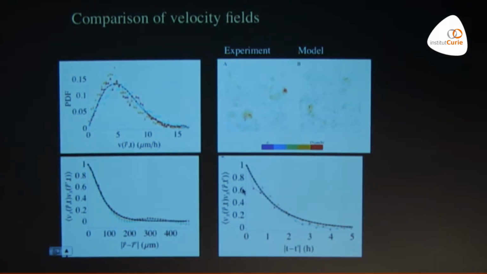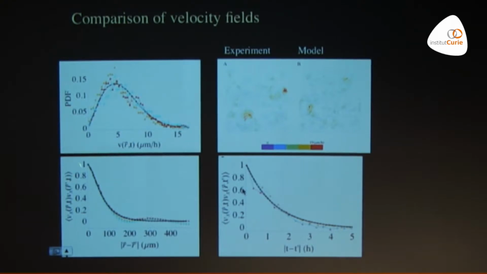So we compare this with what Pascal has measured. I just show you the velocity field in the experiment and in the model. The parameters of the model have been adjusted so that things look similar, of course. So it looks actually similar. And if one compares, say, the velocity distribution, in the experiment these are the colored dots, and in the model this dashed line, you see that it fits quite well.